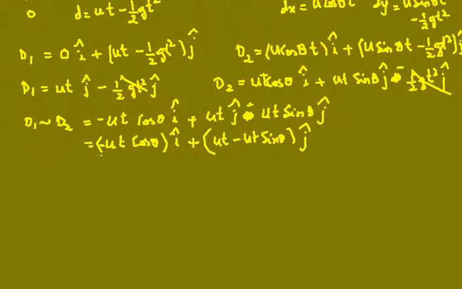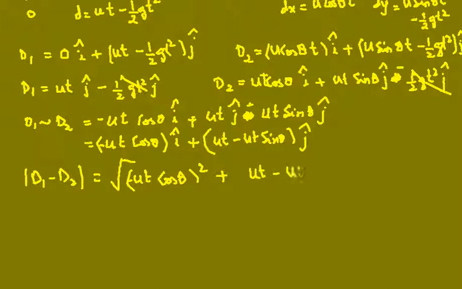Now all we need to do is find the magnitude of this, which is d1 minus d2. The magnitude is the square root of u t cos theta whole square plus ut minus ut sin theta whole square.